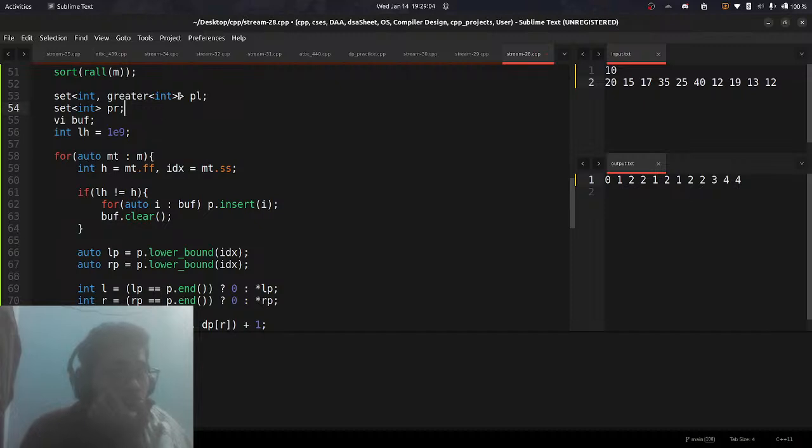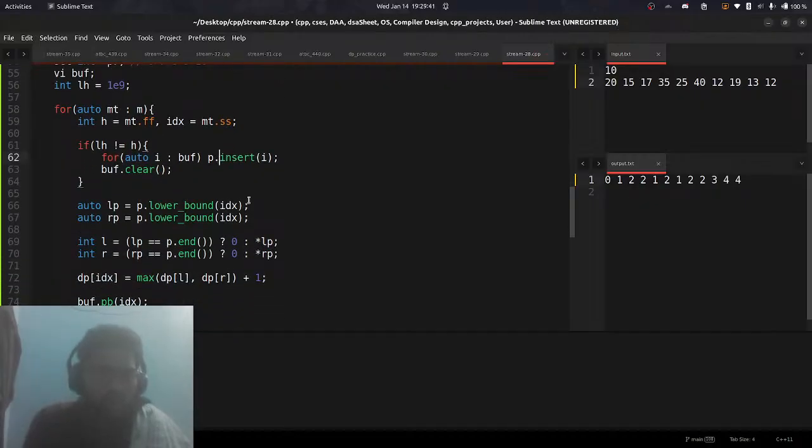One storing elements in reverse order, the other is, okay. So this will store indexes in this format. This will store it in this format. Okay. Let's see.